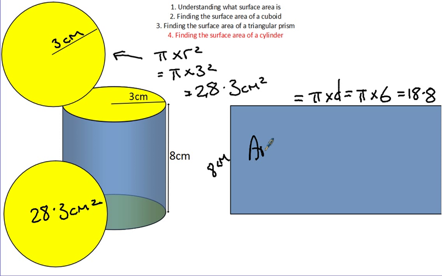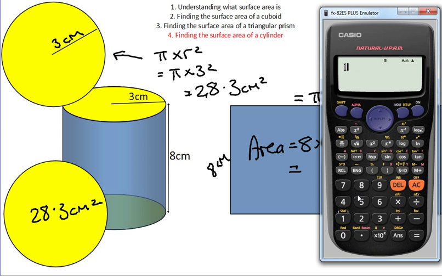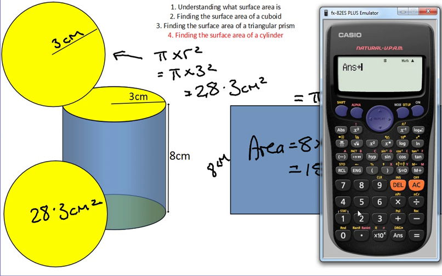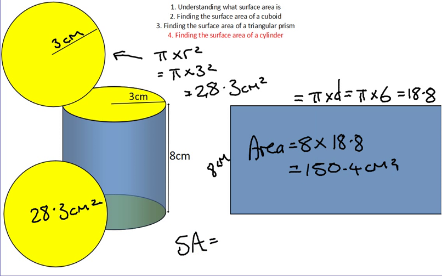Therefore, to get the area of this rectangle, it's 8 times 18.8, which gives me an area of 150.4, and that's centimetres squared. We're then going to add onto that solution the two circles, so 28.3 plus 28.3, and then that will give us the total surface area, which is 207 centimetres squared.